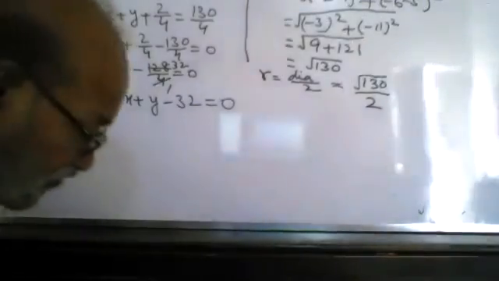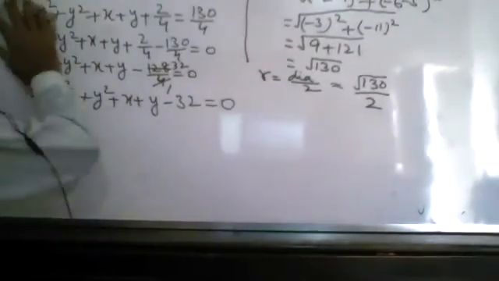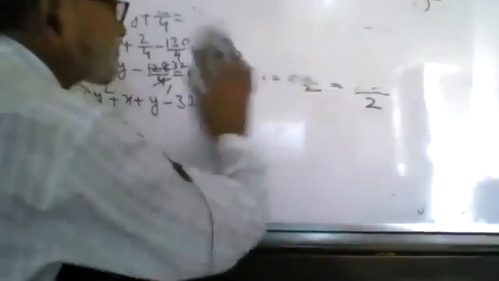Question number 10. This is a bit complicated question. Center at the line y is equal to 3 over 2, tangent to the y-axis and radius is 2.